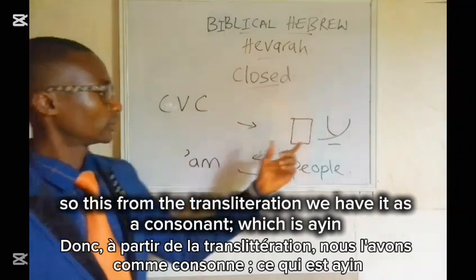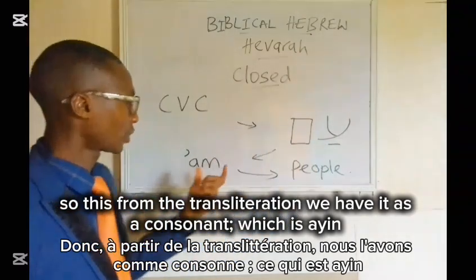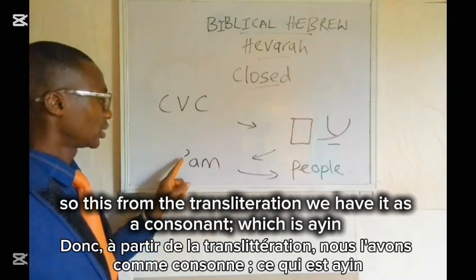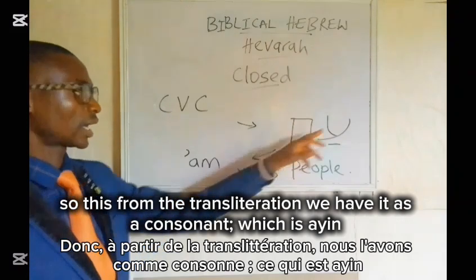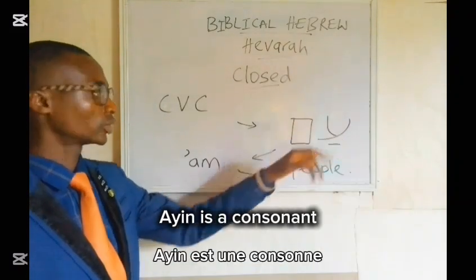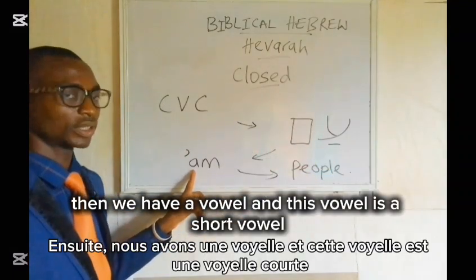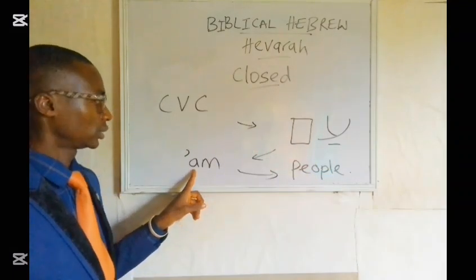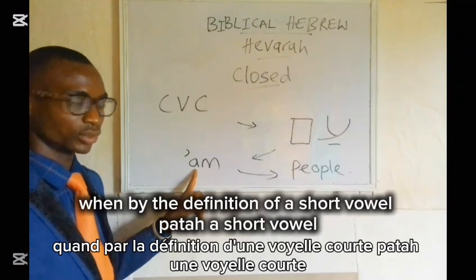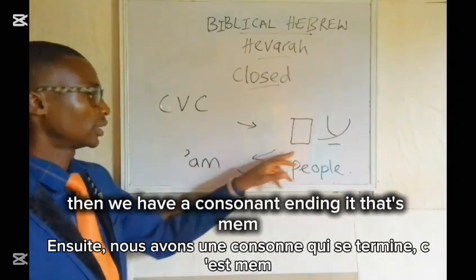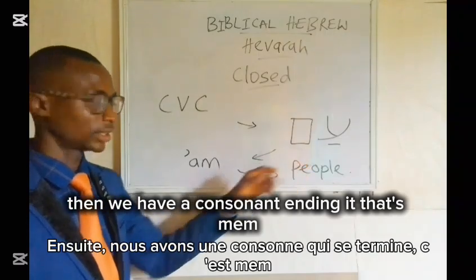So from the transliteration, we have it as a consonant with ayin. Ayin is a consonant. Then we have a vowel, and this vowel is a short vowel, going by the definition of a short vowel pattern. Then we have a consonant ending it.